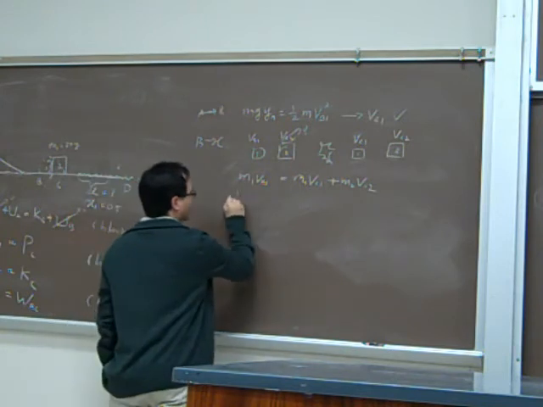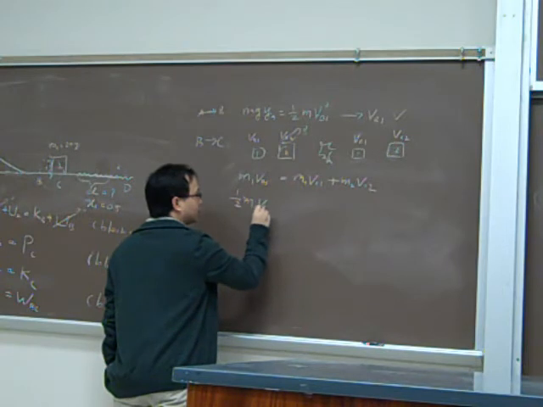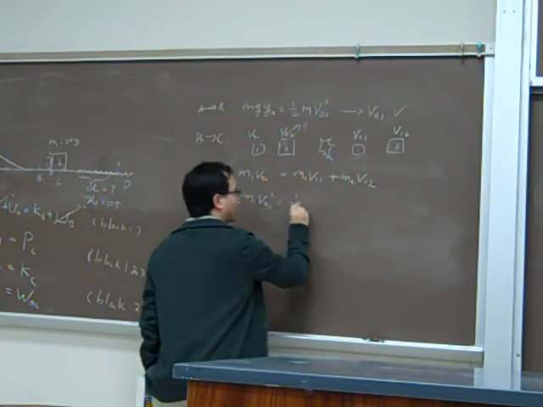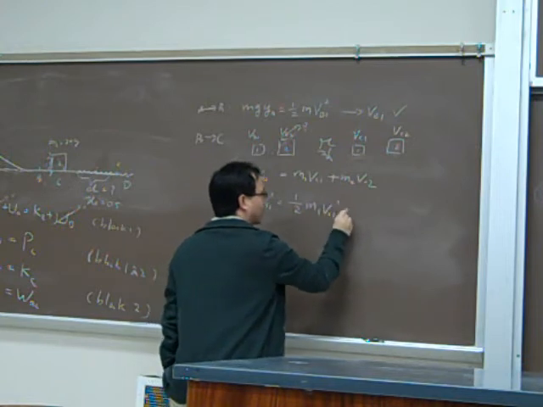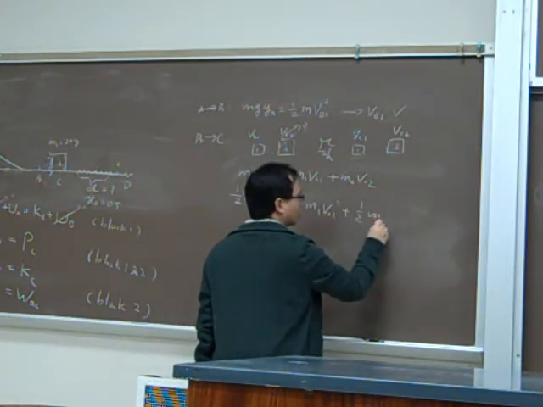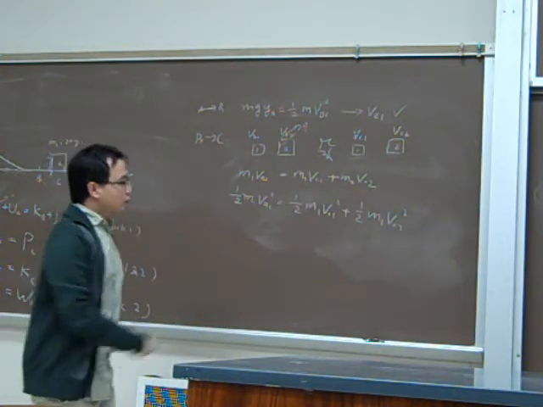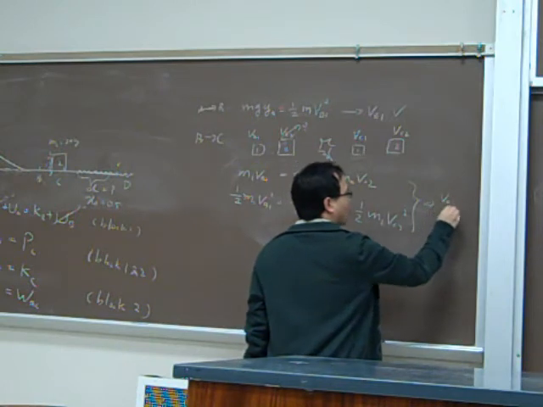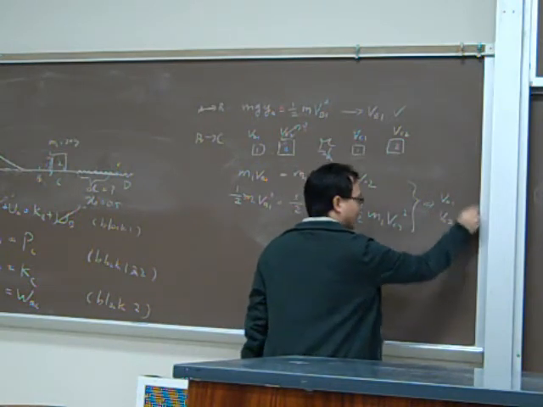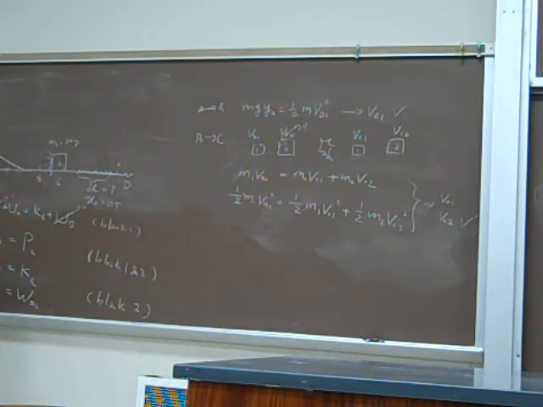In this case, 1/2 M1 VB1 squared equals 1/2 M1 VC1 squared plus 1/2 M2 VC2 squared. Okay. So the two equations together will give you both VC1 and VC2. That's the quantity we need for the next step. Okay?